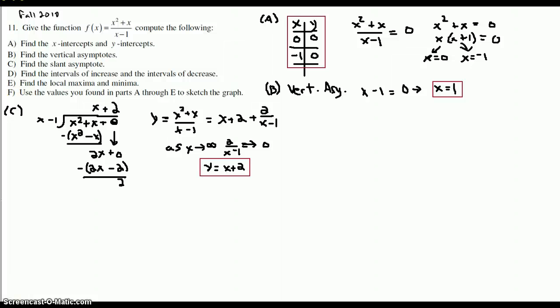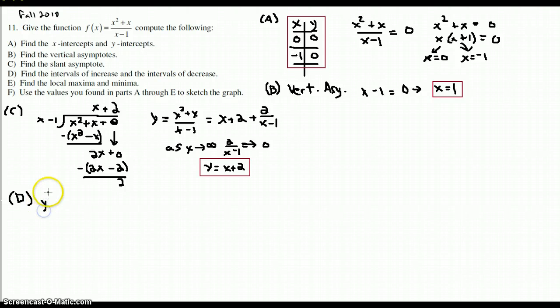Alright, so we need to find where the derivative is equal to 0. We have two choices. We could use this new version of the function, x plus 2 plus 2 over x minus 1, or we can go back to the original version and use the quotient rule. Both ways should work.